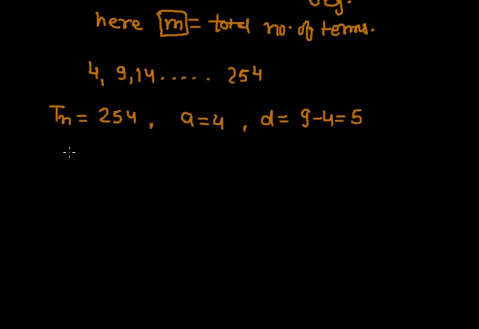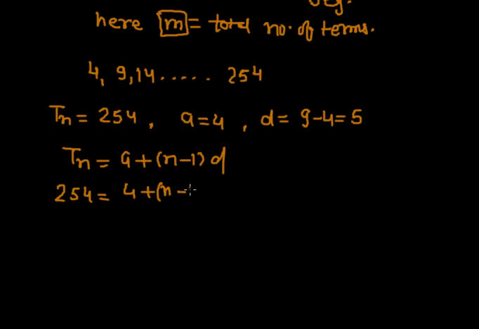So when we put all these values in the given formula, what we get? We get, since Tn is equal to a plus n minus 1 into d, that means 254 is equal to 4 plus n.